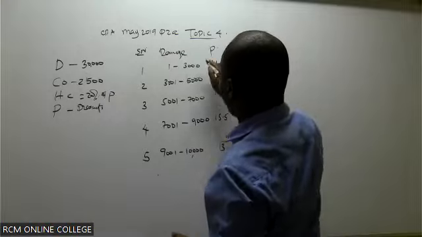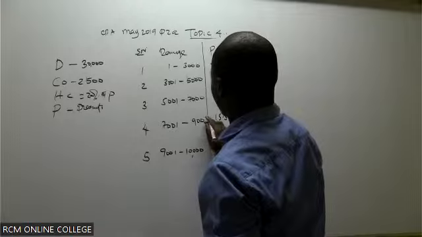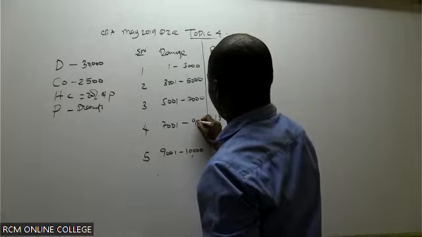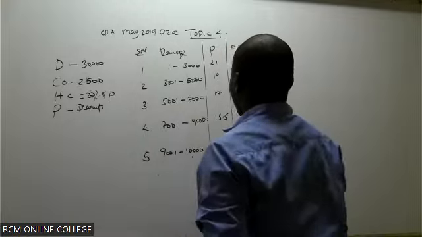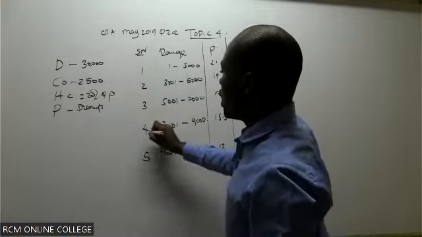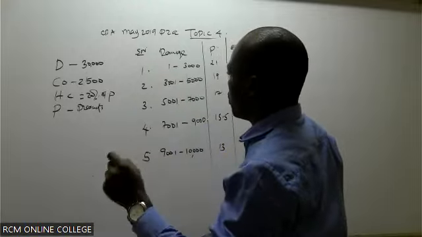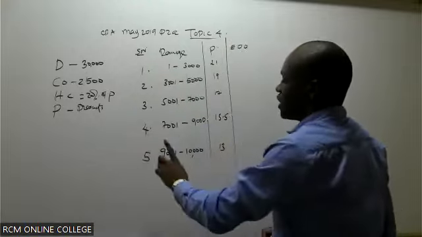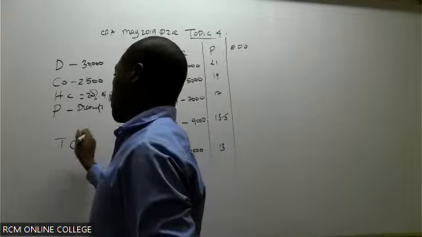After calculating the economic order quantity, we should be able to come up with the real economic order quantity, the one we are going to apply for us to be able to get the total cost. Our interest here is to come up with the total cost.